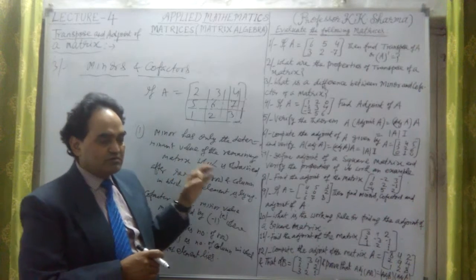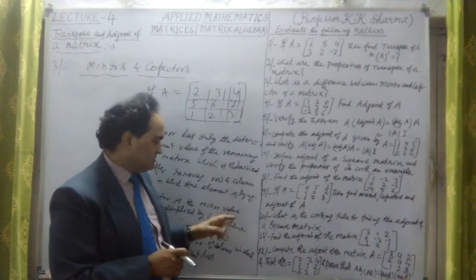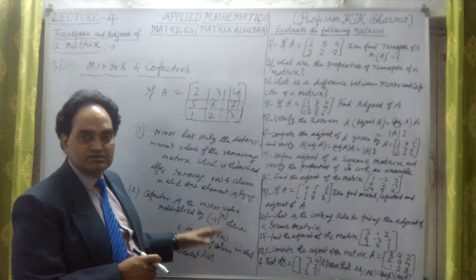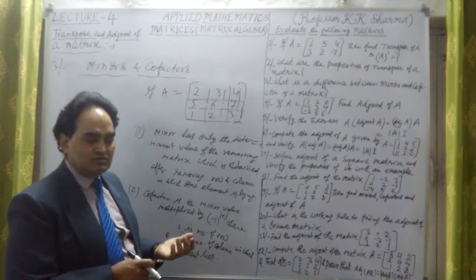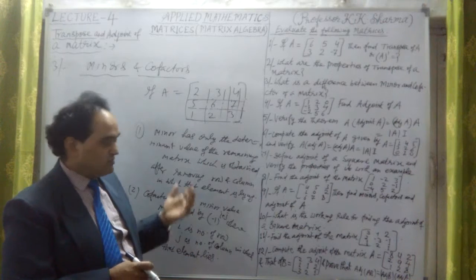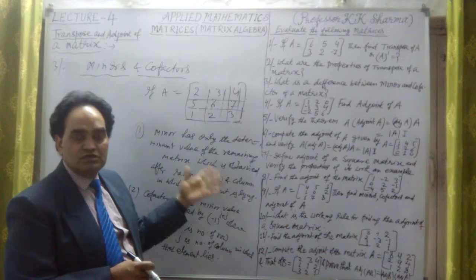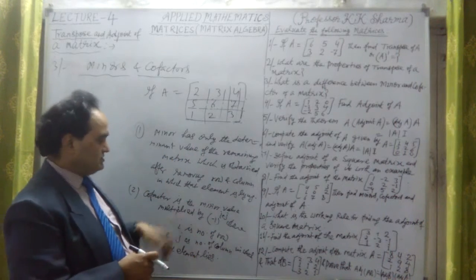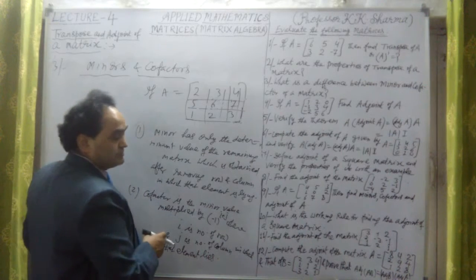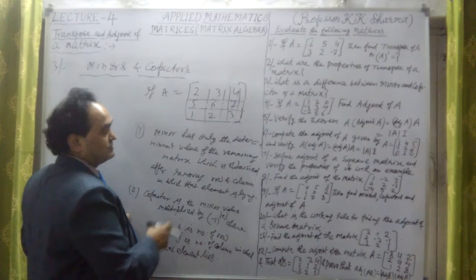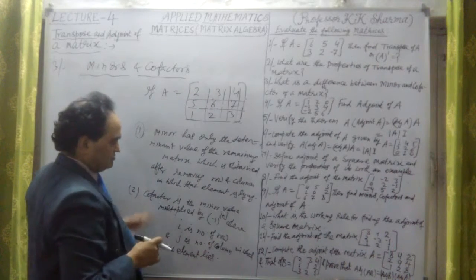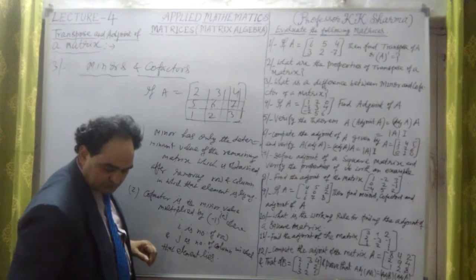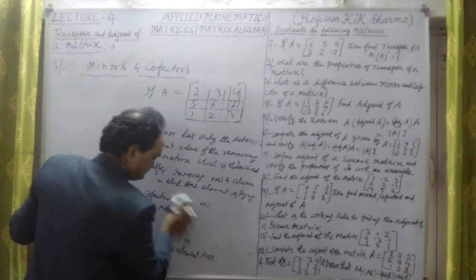It is not multiplied by a sign; the sign is determined by minus 1 to the power i plus j. The minor value into the positive or negative sign gives us the cofactor. The minor is only the determinant value of the matrix obtained by removing the row and column in which that element is lying. This is the difference between cofactor and minor.